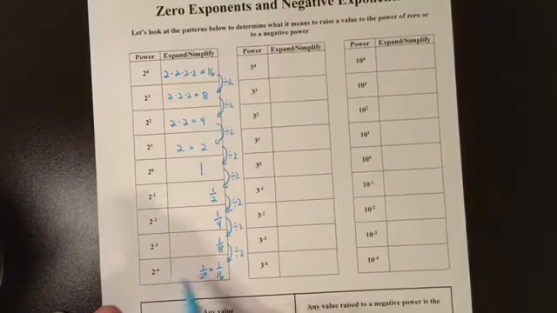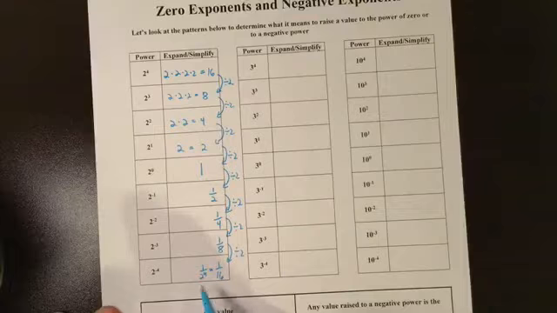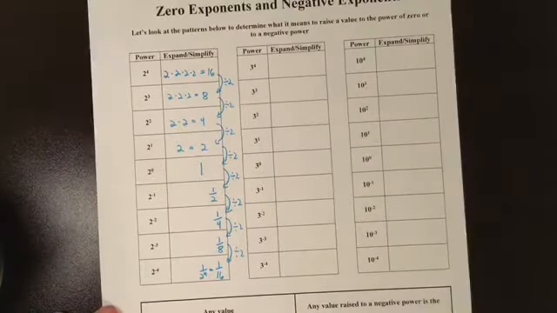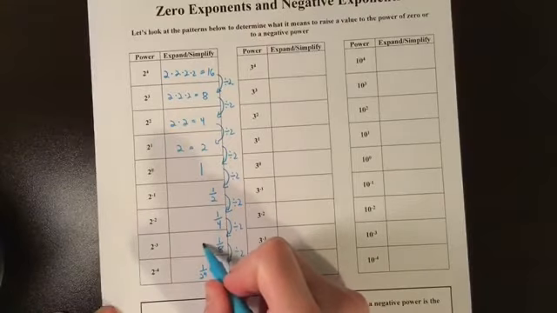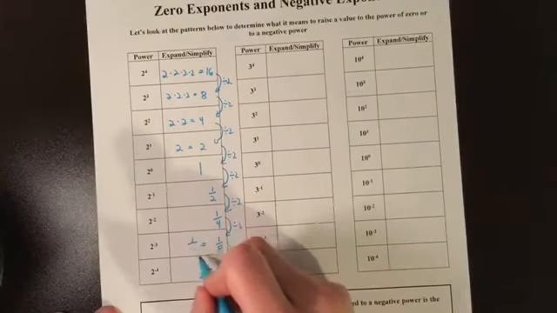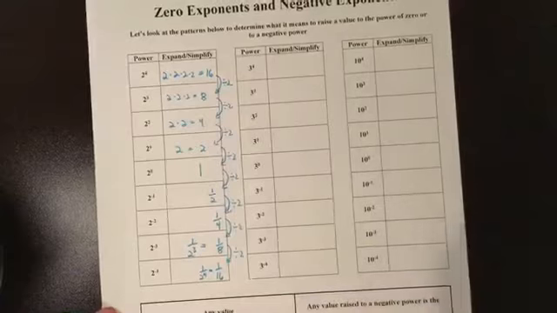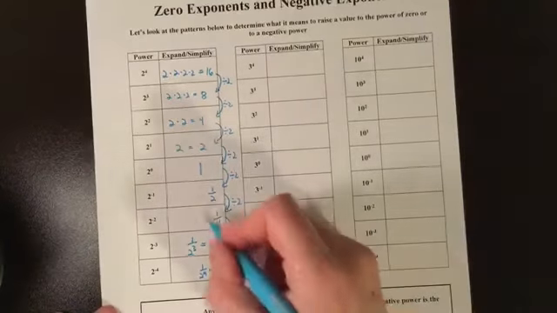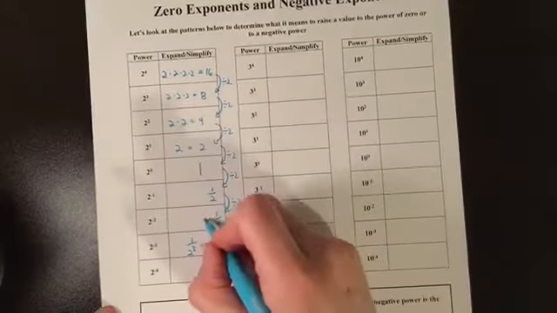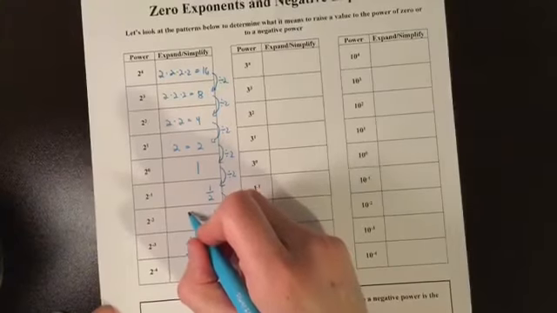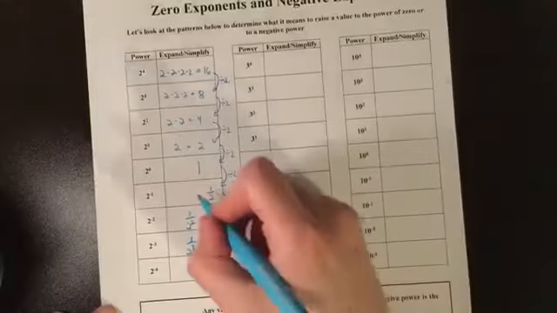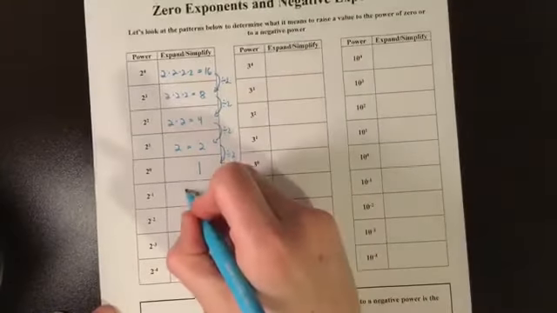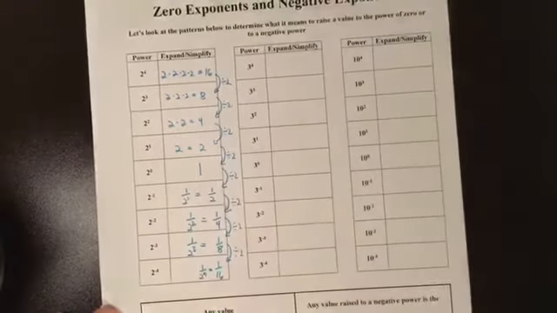So 2 to the negative 4th power is just 1/2 to the 4th. Well, 1/8, 8 is 2 to the 3rd, so that must mean this is 1/2 to the 3rd. 1/4, 4 is 2 squared, 1/2 squared, and that 1/2, 1/2 to the 1st.